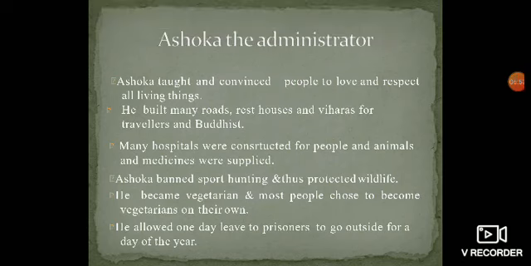Ashoka, the administrator. Ashoka built many roads, rest houses and viharas for the travelers and Buddhist monks. Viharas are nothing but big halls where the traveling people go, have a short nap and continue their travel. He constructed hospitals for people and animals and also medicines were supplied to them.